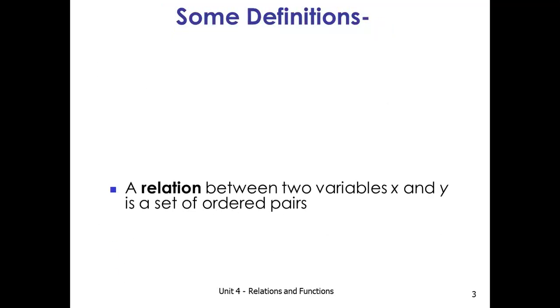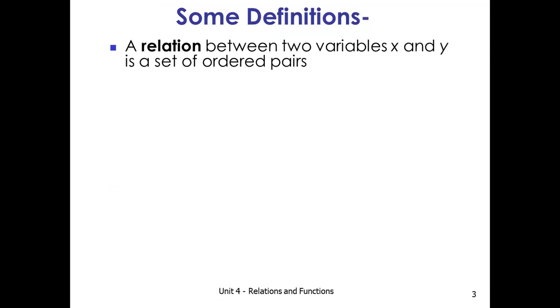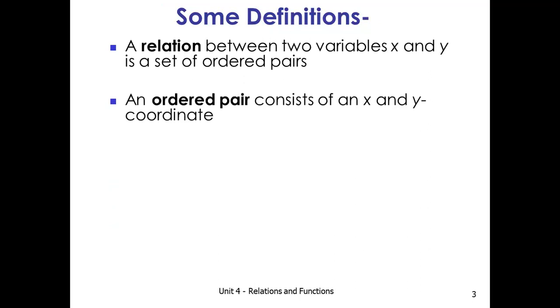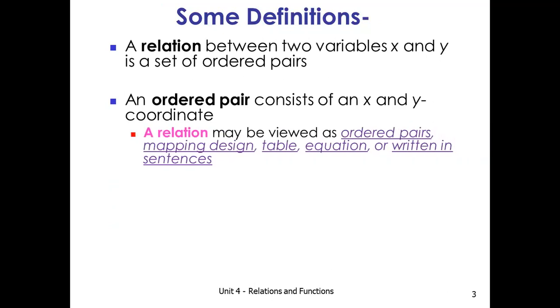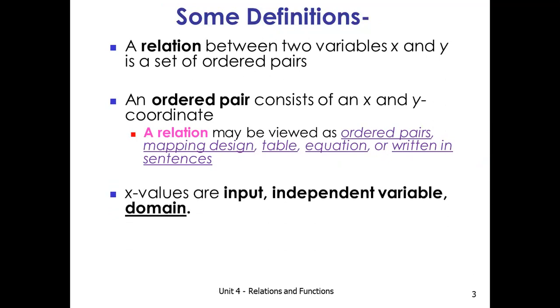So we have the following definitions. A relation between two variables, x and y, is a set of ordered pairs. Okay? An ordered pair consists of an x and y coordinate. A relation may be viewed as ordered pairs, mapping diagram, table, equation, or written in sentences.